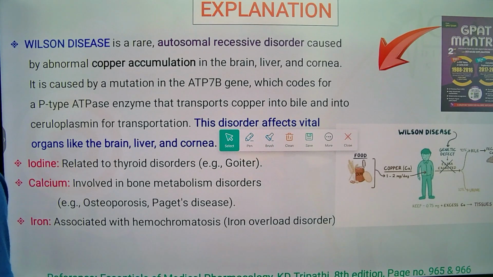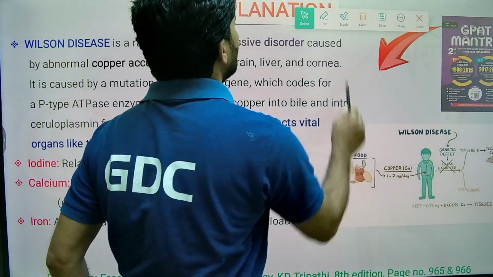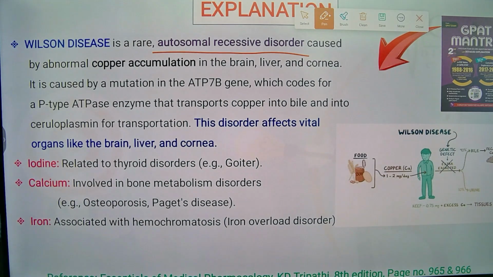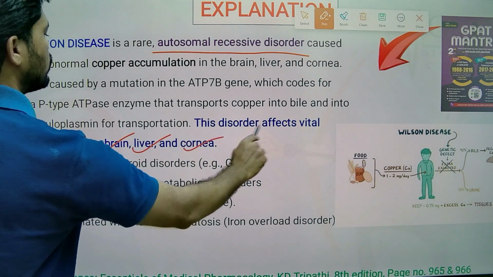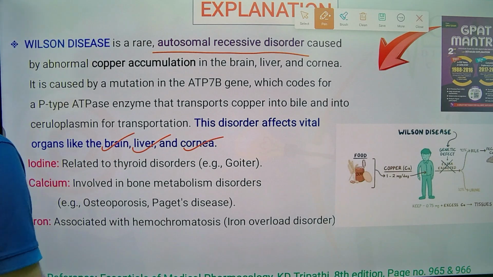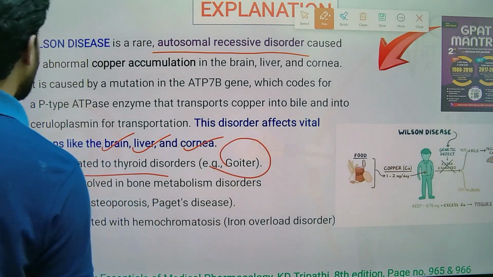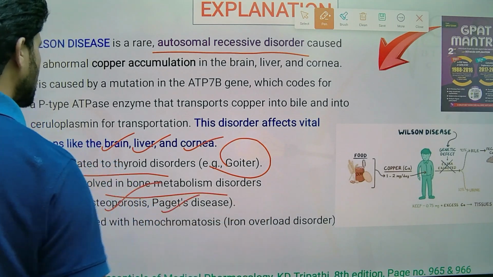So let's have an explanation. It is an autosomal recessive disorder. This disorder mainly affects the brain, liver as well as the cornea, which is part of the eye. Iodine is related to thyroid disorders, such as goiter. Calcium is involved in bone metabolism disorders like osteoporosis and Paget's disease.